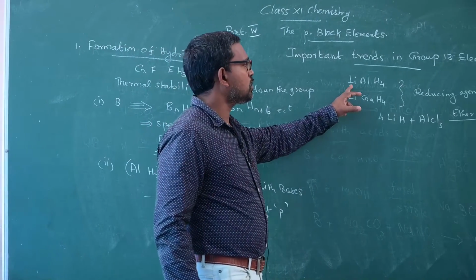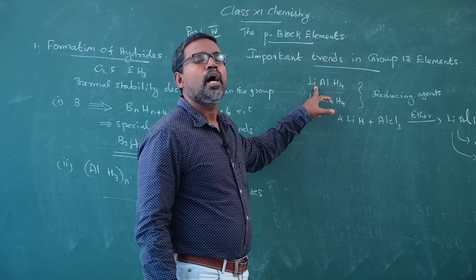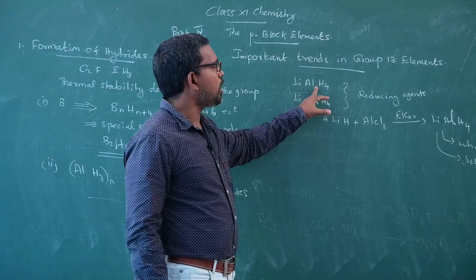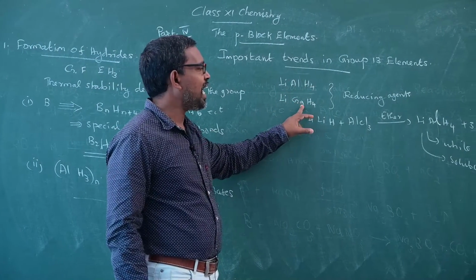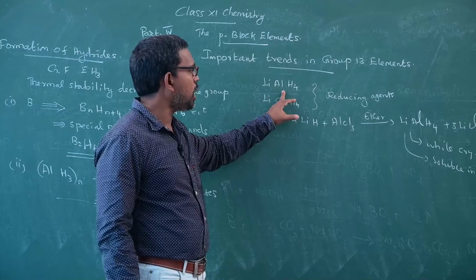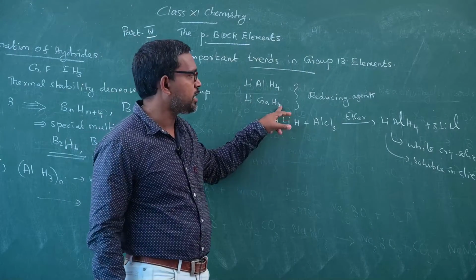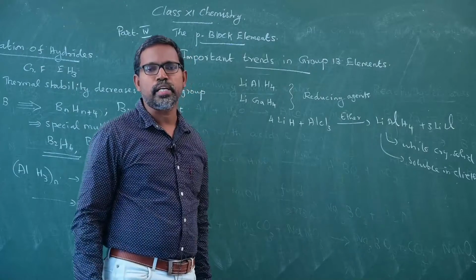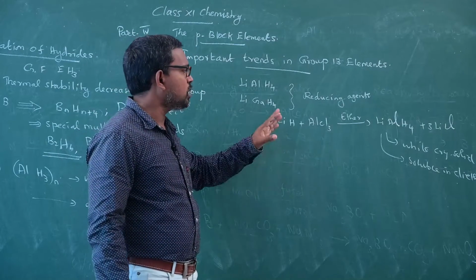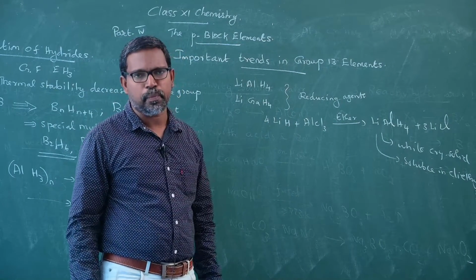The important complex hydrides are lithium aluminium hydride, lithium gallium hydride, and lithium indium hydride. These are strong reducing agents. How is lithium aluminium hydride prepared?